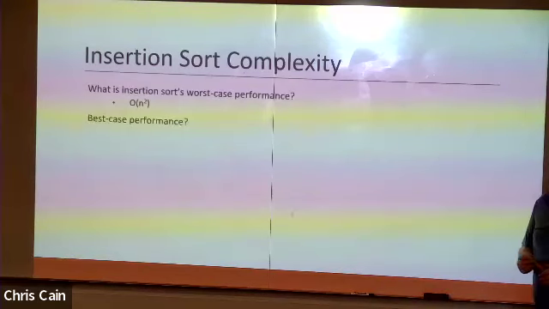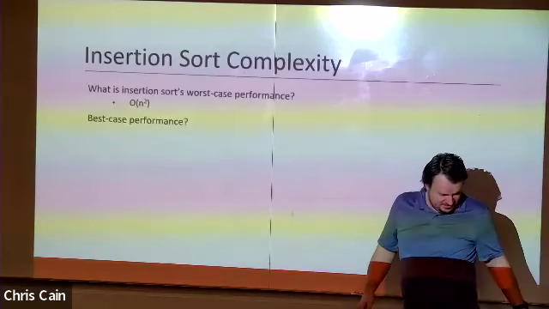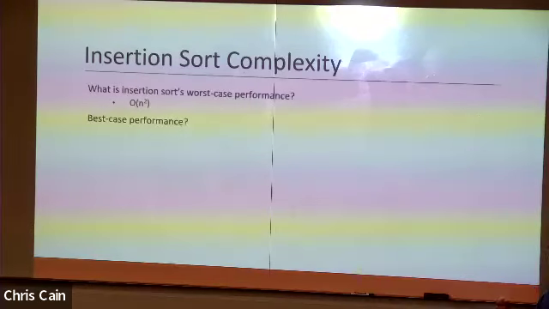How about the best case performance? What would an array look like where we minimize the amount of work that insertion sort has to do? Already sorted? What does that look like with regards to the pseudocode? Or the actual code? How much work is being done? What order is that in?